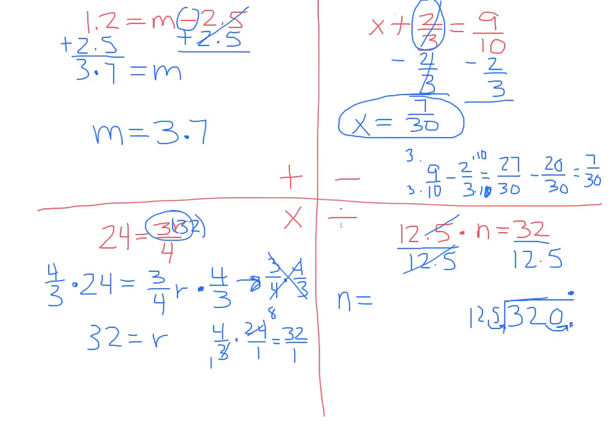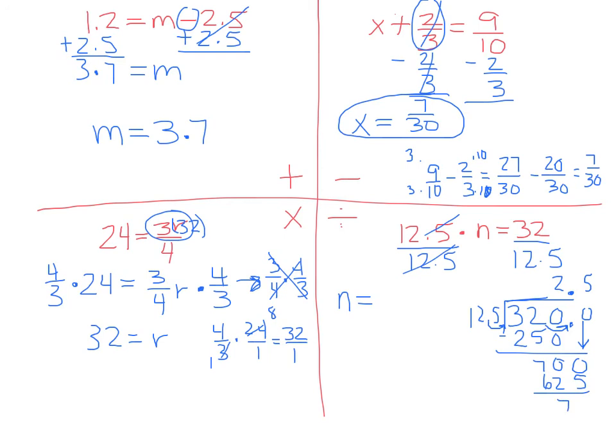Okay, so now you do 125 into 320. That goes in there 2 full times. 125 times 2 is 250. Do out your subtraction. Come up with 70. So add another 0, bring it down. 125 goes into 700 how many times? That goes in 5 times. 5 times 125 is 625.